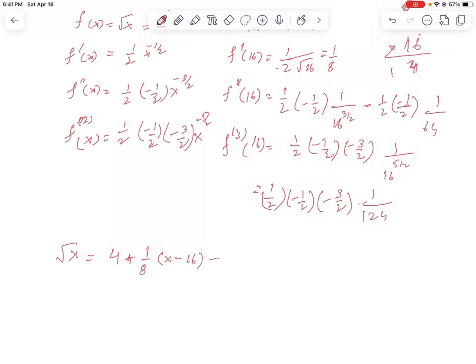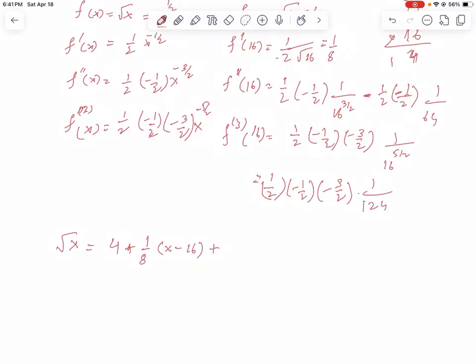Plus, let's see, because we have two negative signs here, this one and this one, negative negative positive. No, there's only one negative sign. Okay, negative, so this gives me negative 1 over 4, and then 1 over 64 into 4 is 256, minus 1 over 256.